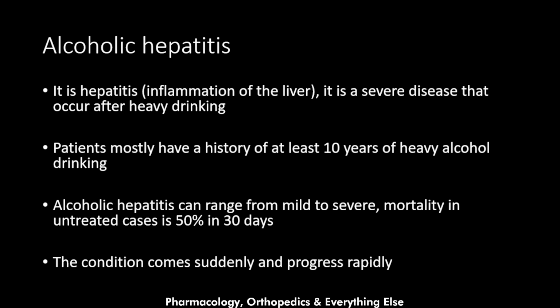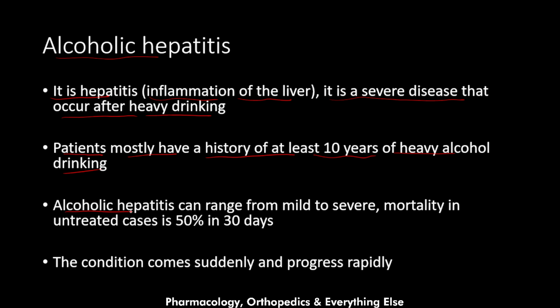So let's start with the definition for alcoholic hepatitis. It is hepatitis, which is inflammation of the liver. It's a severe disease that occurs after heavy drinking. Patients with alcoholic hepatitis mostly have a history of at least 10 years of heavy alcohol drinking.